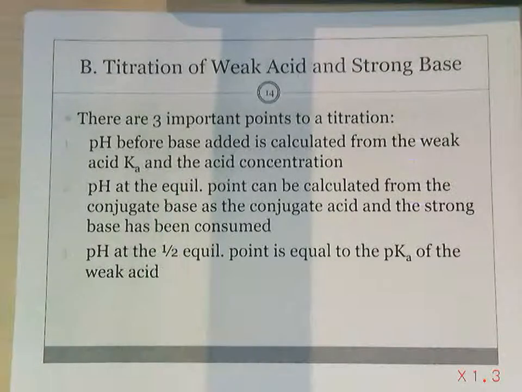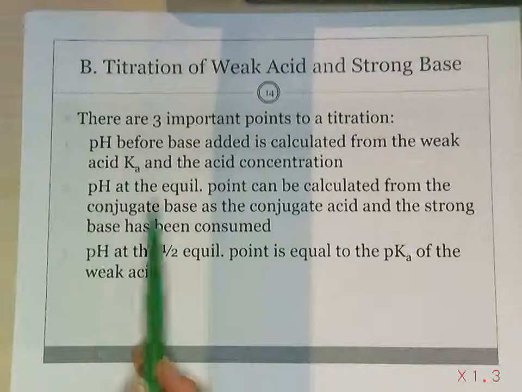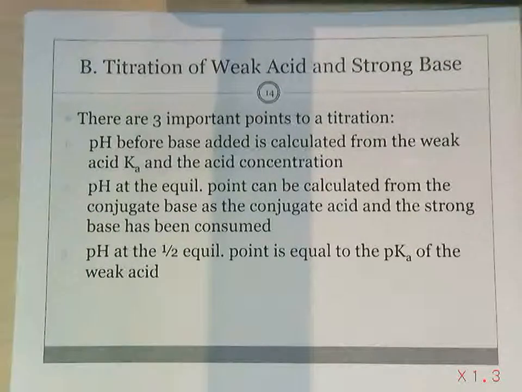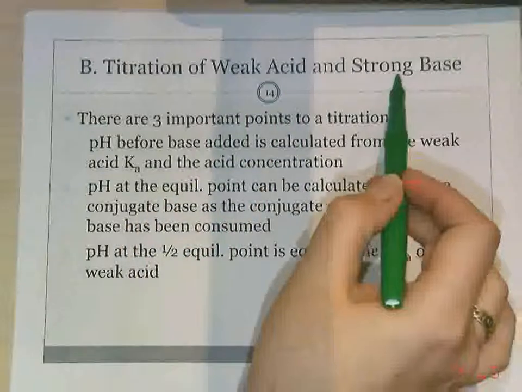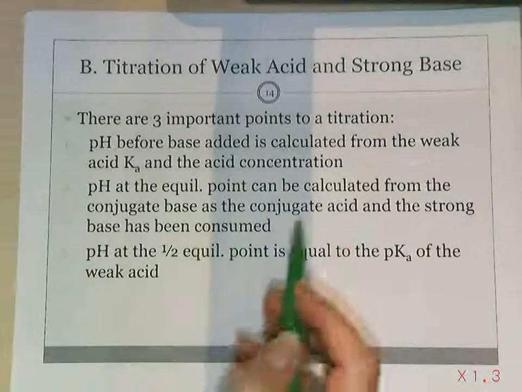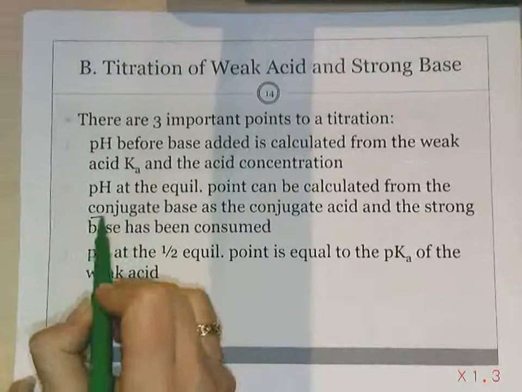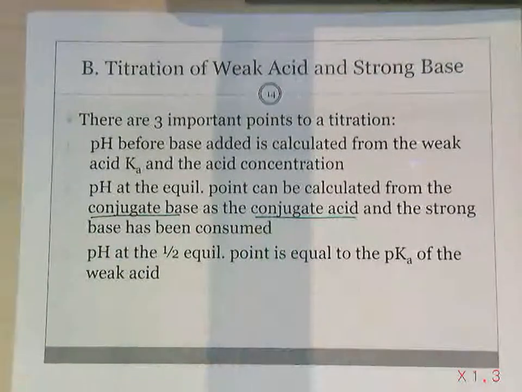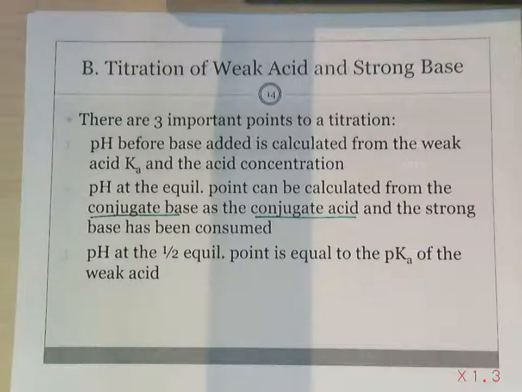We'll look at the pH at the equivalence point, where the moles of weak acid are equal to the moles of strong base. That one's the tricky one because, what do you see right there? It's a conjugate acid and a conjugate base in the same solution. It's a buffer.